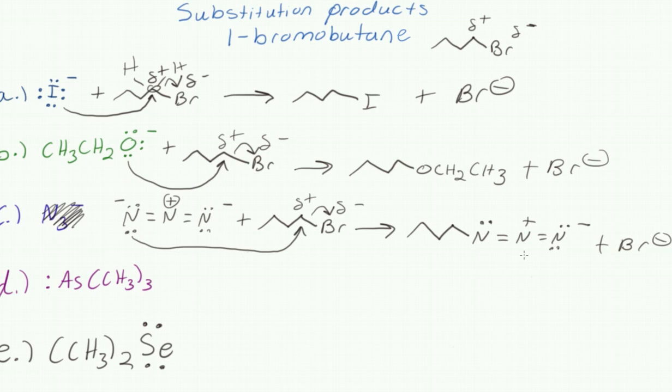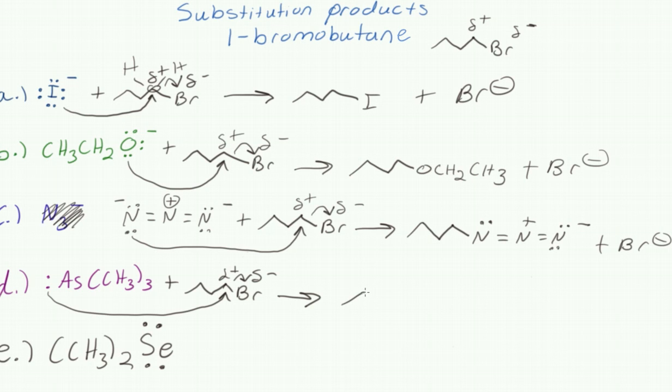Let's look at D. D is a neutral nucleophile, and neutral nucleophiles make positive products. So react it with 1-bromobutane, delta plus, delta minus. Our lone pair attacks our electrophile, and our bond breaks off.